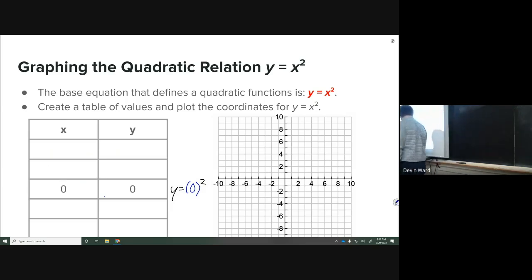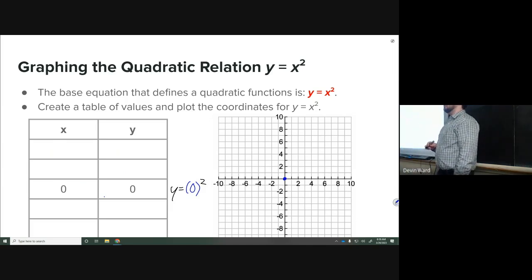So our first point is going to be right there at the origin, 0, 0. What we're going to do next is we're going to go 1 over to the left and 1 over to the right. So if I move 1 to the left, what number is this?